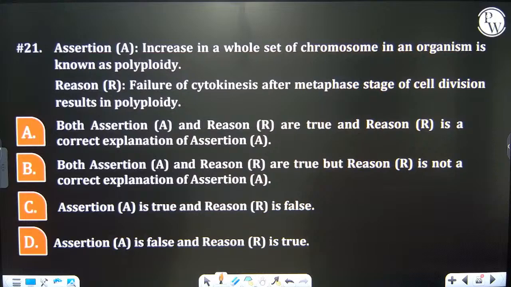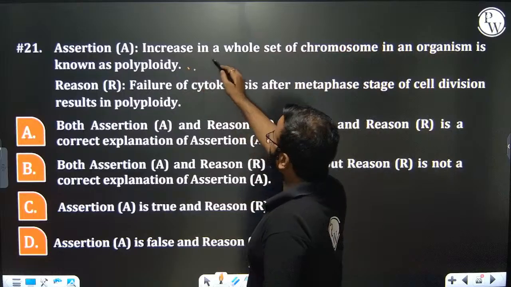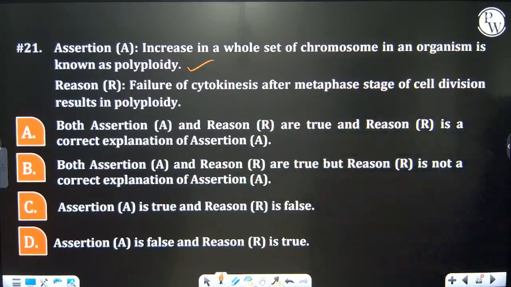Increase in a whole set of chromosomes in an organism is known as polyploidy, which is true. Failure of cytokinesis after metaphase stage of cell division results in polyploidy.